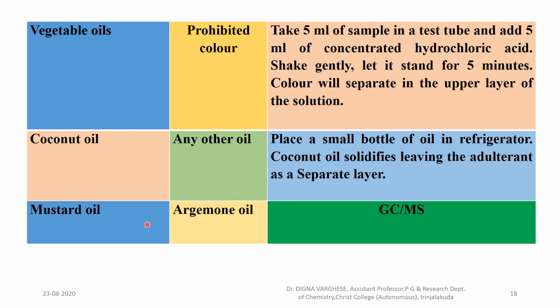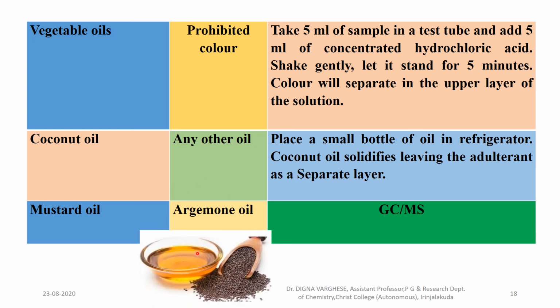Mustard oil is adulterated with argemone oil. That is, argemone seeds are just like mustard seeds, so mustard is adulterated with argemone oil. We can separate these two oils by gas chromatography techniques and by the use of a mass spectrometer. This is a hyphenated method, GC-MS.